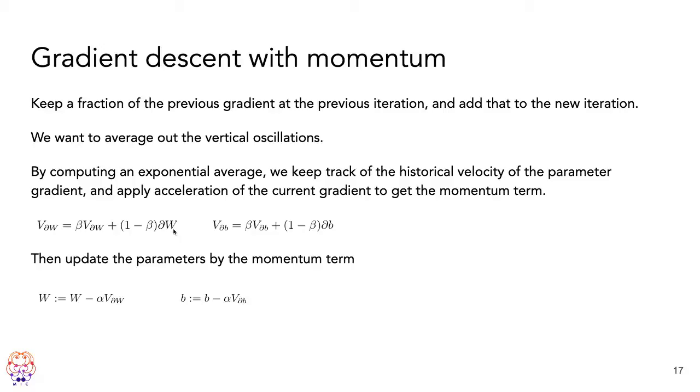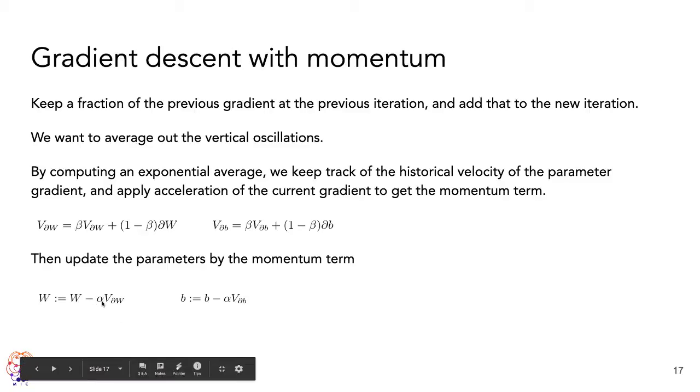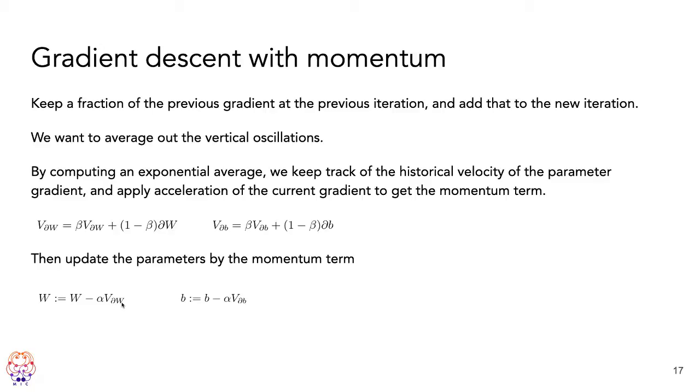And then we do that similarly for the biases. So here's the weights and biases. And then to update that, instead of doing minus alpha times the derivative of the weights, we do minus alpha times the velocity term here, v.